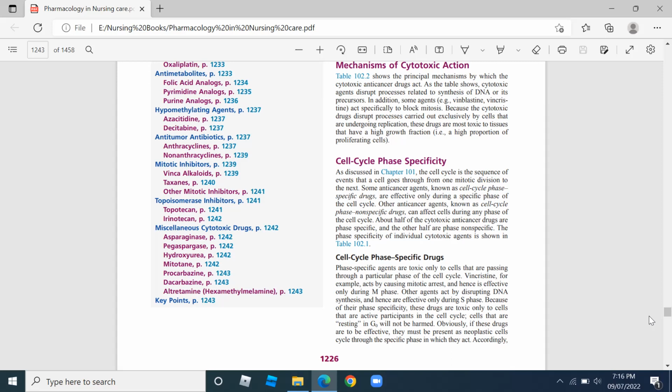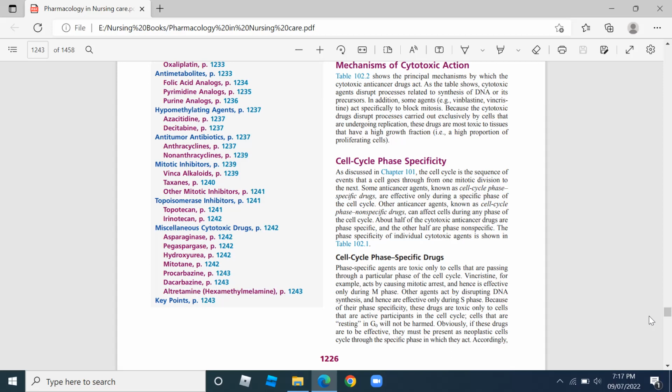As mentioned earlier, the cells must show proliferation, cell division or cell growth, and at that moment the anti-cancer drugs are highly active and show cytotoxic activity.